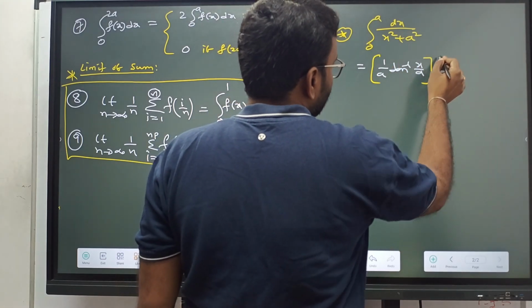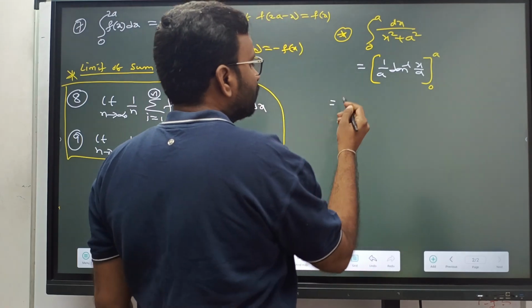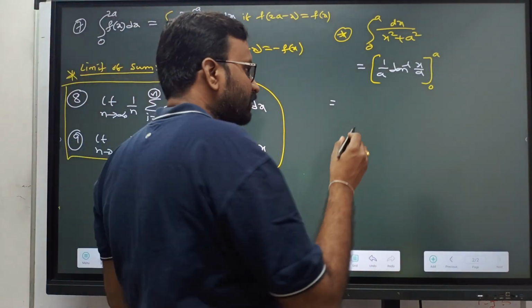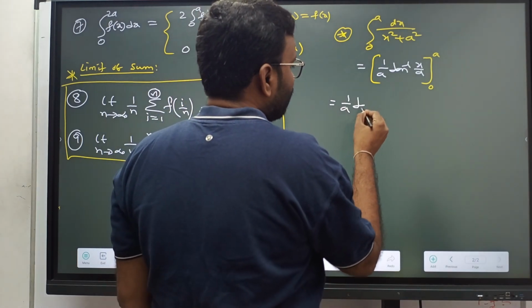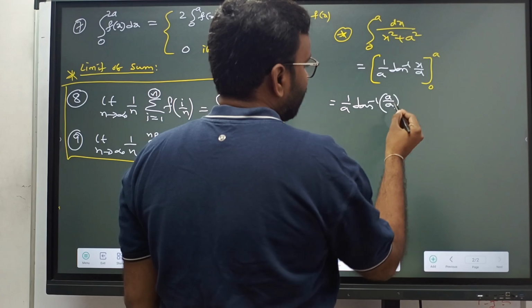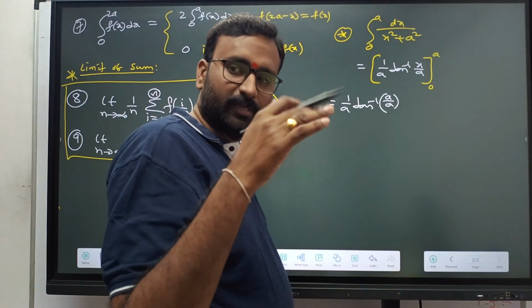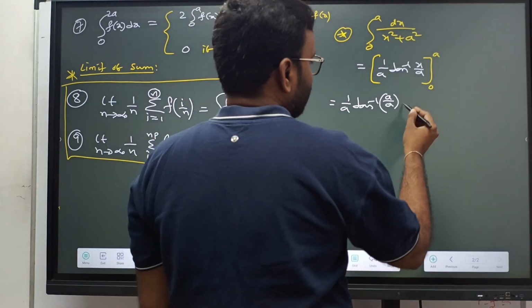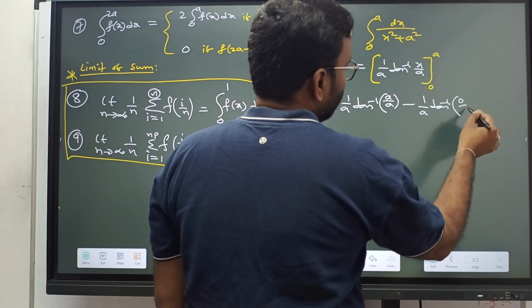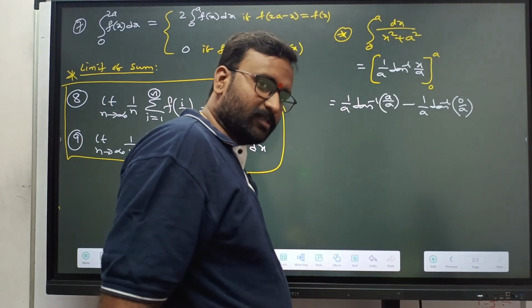Limits we have 0 to a. First we should substitute which limit? Upper limit first, right? 1 by a tan inverse of x by a. We have to write the upper limit in place of variable x, minus 1 by a tan inverse 0 by a. What is 0 by something? It is always 0.